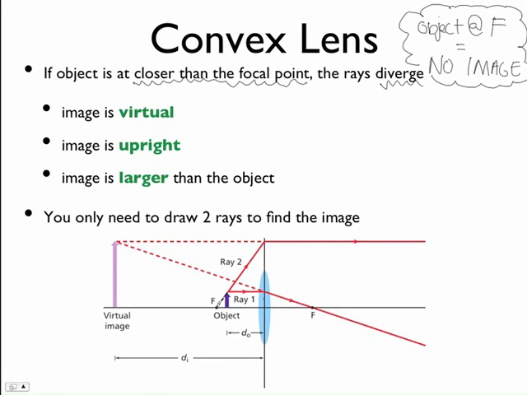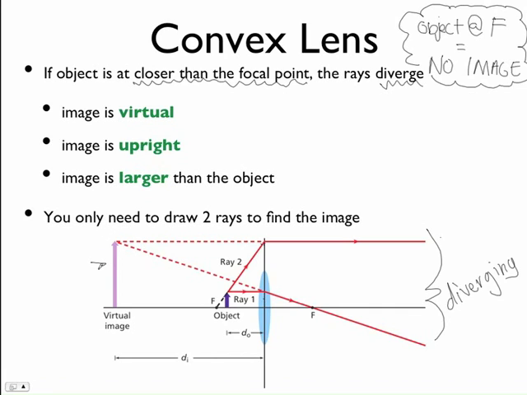And then you'll start one at the focal point, and it'll go through the focal point, hit the top of your object, and then go through, hit like the center of your lens, and then you'll draw a horizontal line. These two, you can see they're diverging. So in order to find the image, we kind of have to like back draw them. And so you see that's what they've done here.